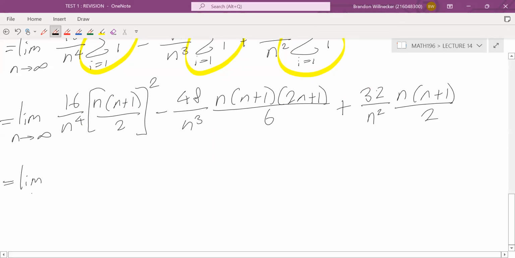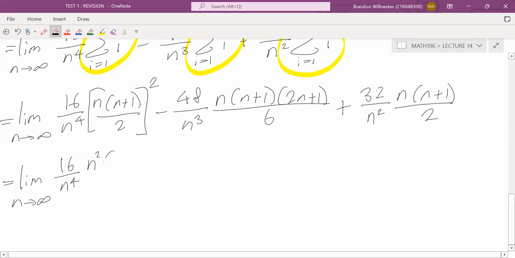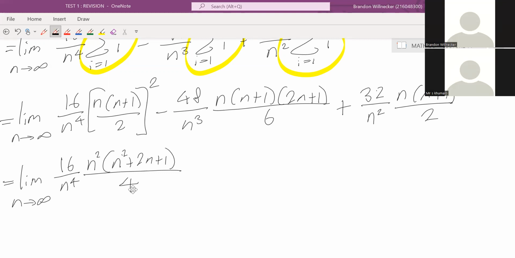So this will be the limit as n goes to infinity, 16 over n to the 4. Now we can square this out. So we're going to have n squared, and then n plus 1 squared will be n squared plus 2n plus 1, all over 4. Okay, so I've just squared all the terms out.